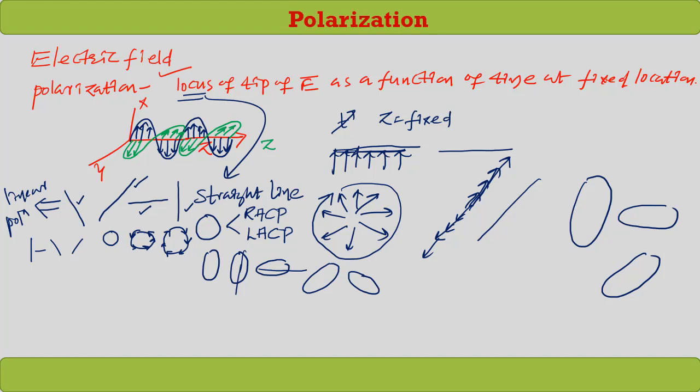So in ellipses also we have many types, and each type can be divided into right-handed elliptical polarization, that means RHEP, and left-handed elliptical polarization, that is LHEP. So like this, many types are there.